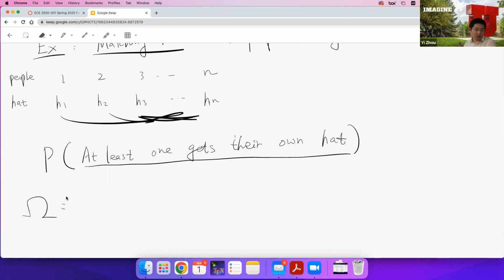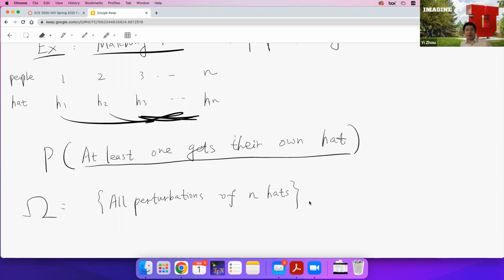Permutation means that you have n hats, and you randomly reorder their positions.